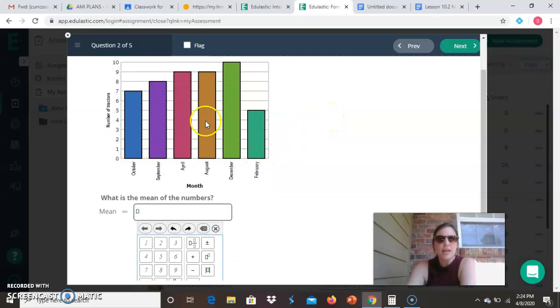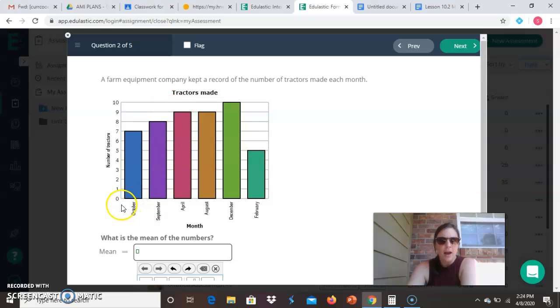All right, and so in this chart we see, okay, on the horizontal axis we have the months October through February, and then on the vertical axis we have the number of tractors that were made each month. And the question is, what is the mean? Okay, what is the mean of the numbers?